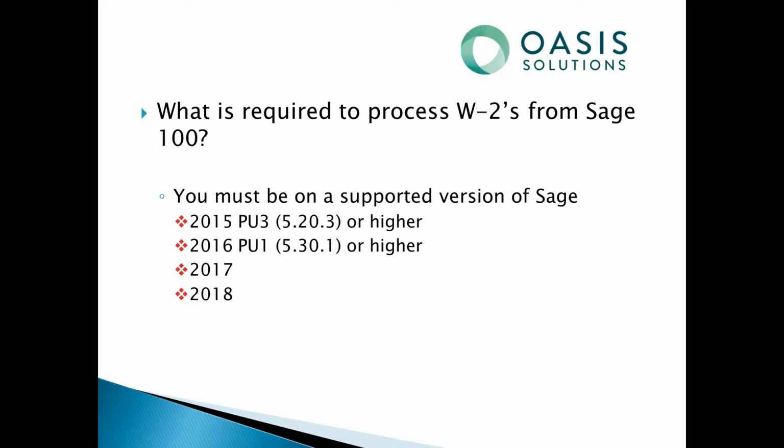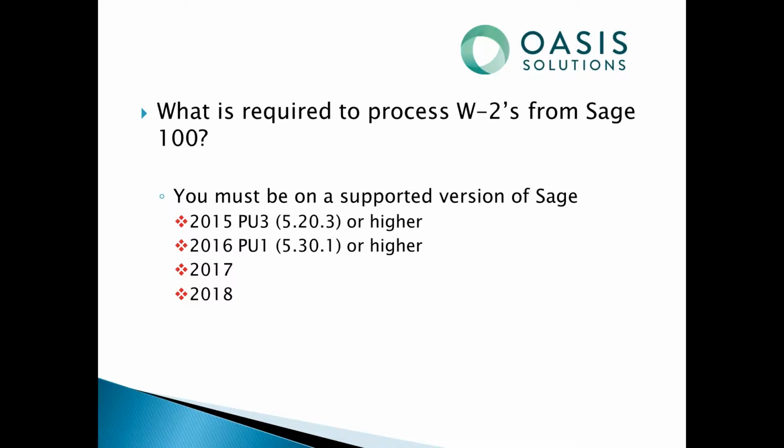Currently, the supported versions are the 2015 version, which is 5.2, the 2016 version, which is 5.3, the 2017 version, which is 5.4, or the 2018 version, which is 6.0.